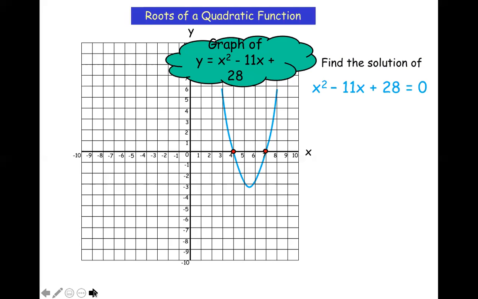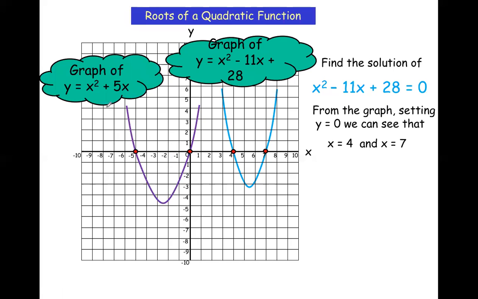So if you're asked to find the solution of x squared minus 11x plus 28 for this quadratic, by looking at the graph here, I can see straight away that it's going to be x minus 4 times x minus 7 without even factorizing this, because I've got x minus 4 times x minus 7 equal to 0 here. So x equals 4, x equals 7.